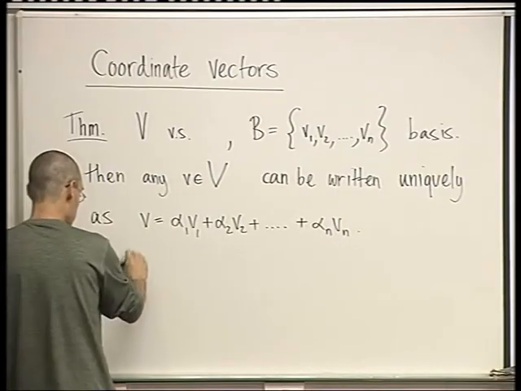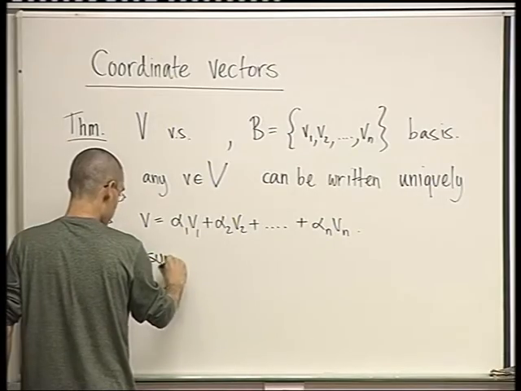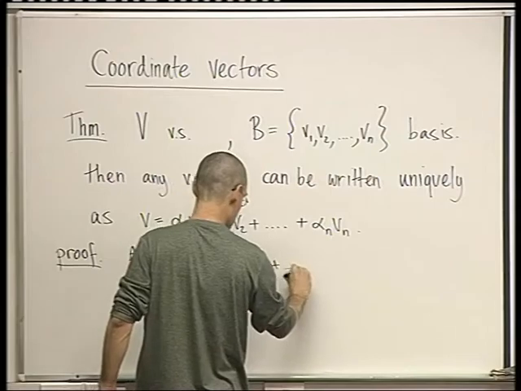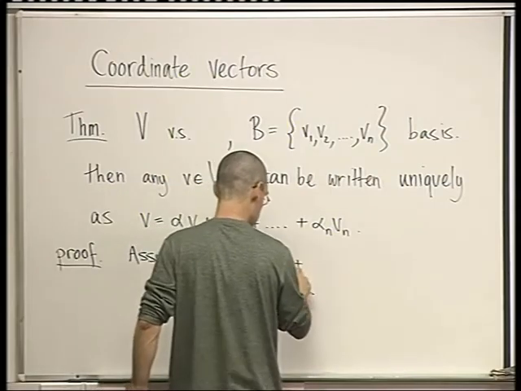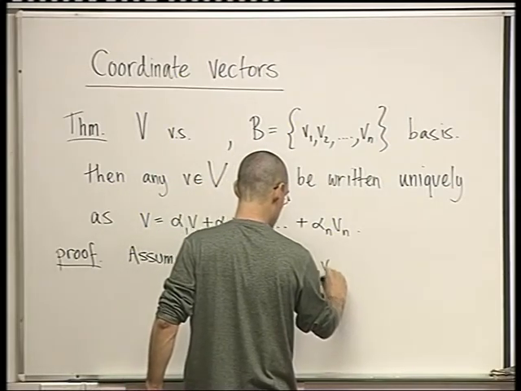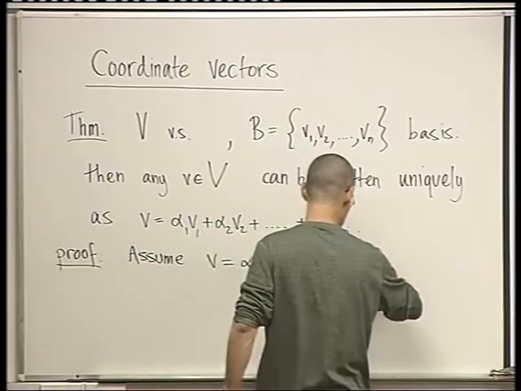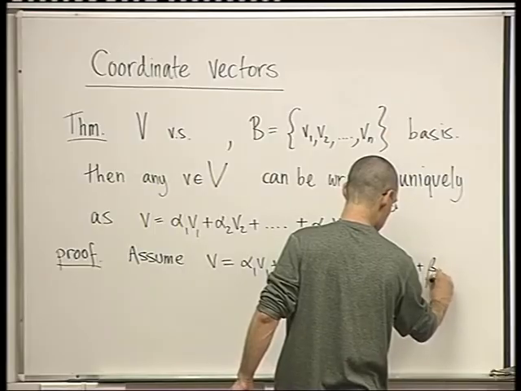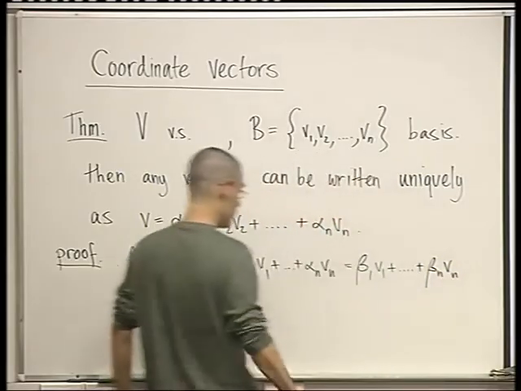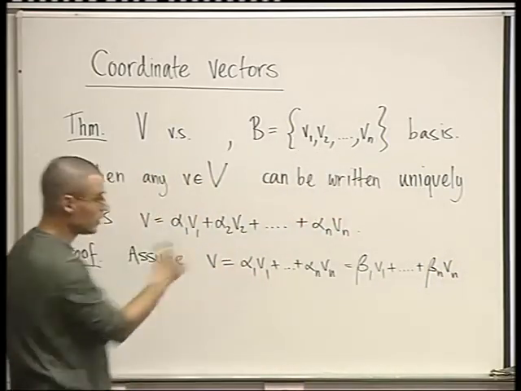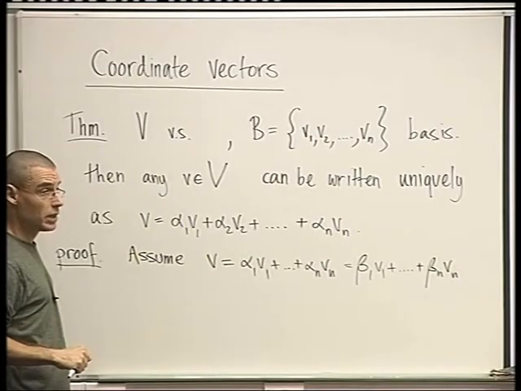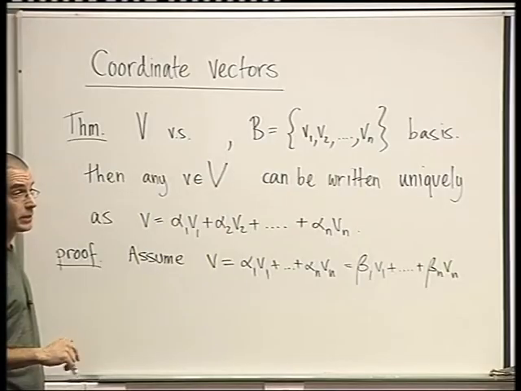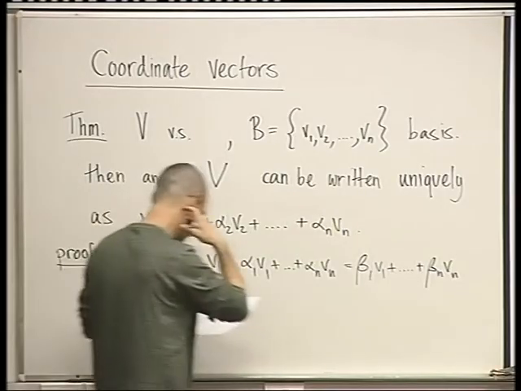Okay, so assume that V equals alpha 1 V1 plus dot dot dot plus alpha n Vn, but is also equal to beta 1 V1 plus dot dot dot beta n Vn. Assume that we wrote V in two different ways. Let's show that alpha I equals beta I for every I.